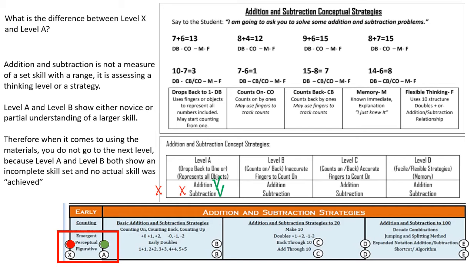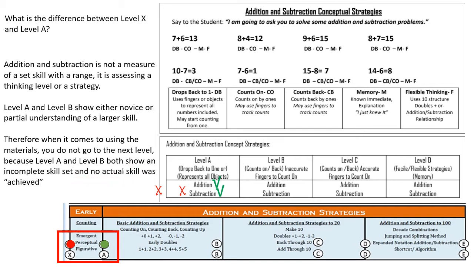Same thing with level B. It says level A and B either show novice or partial understanding of a larger skill. And then it says, therefore, when it comes to using the materials, you do not go to the next level because level A and level B both show an incomplete skill set and no actual skill was achieved.